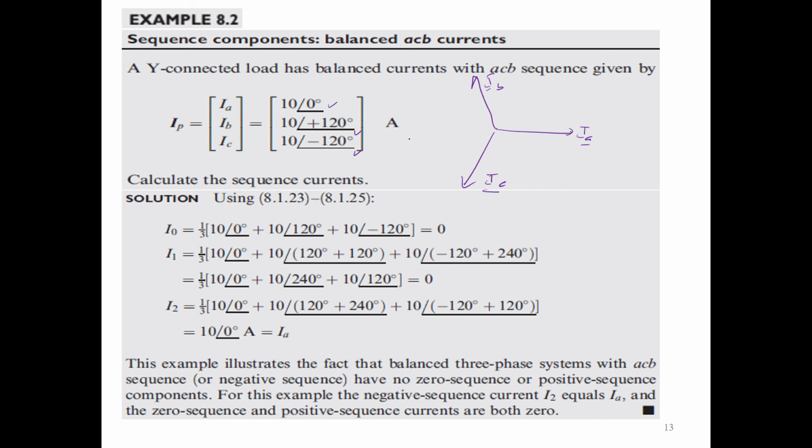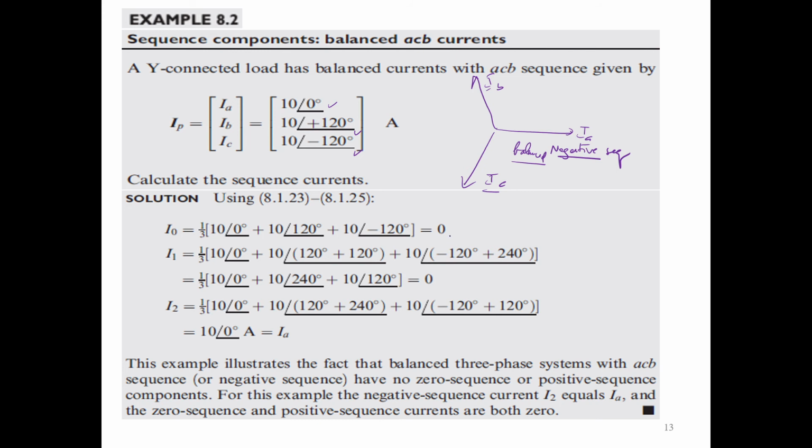Everybody knows that this is the negative sequence. The angle separation is 120 with equal magnitude, so this is balanced negative sequence. If this is balanced negative sequence, there is no zero sequence.